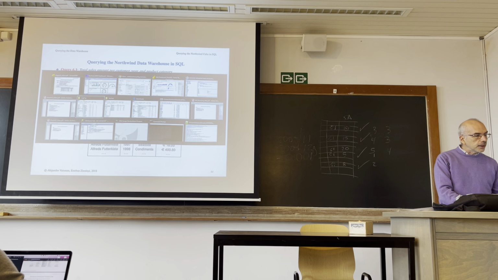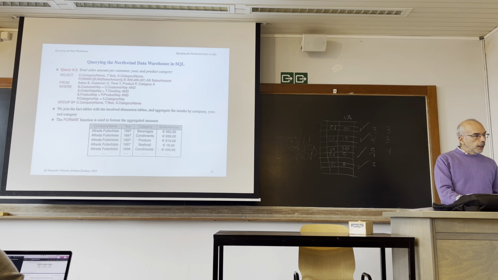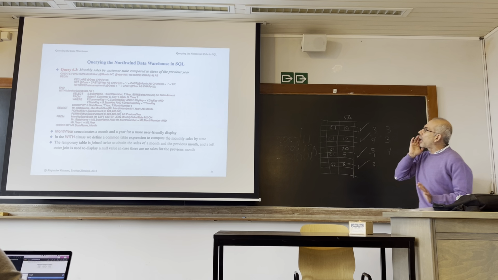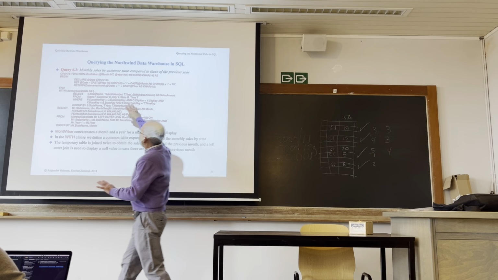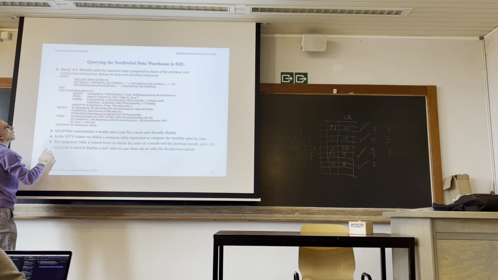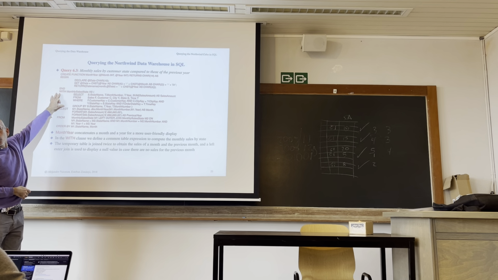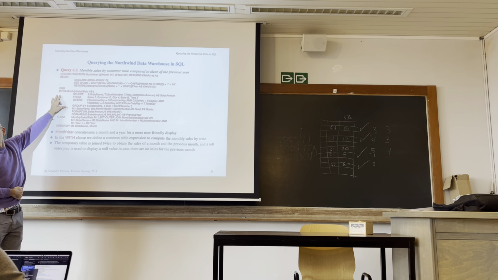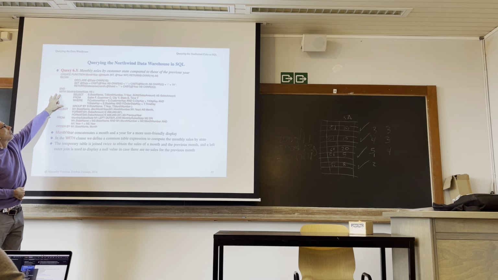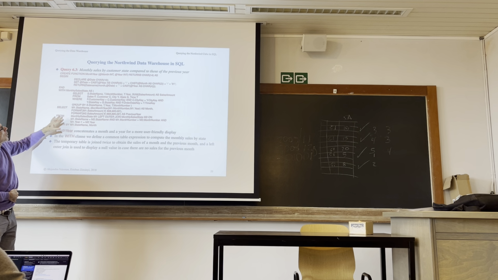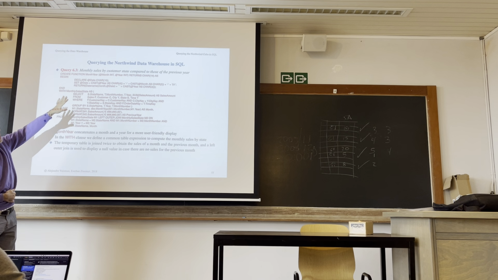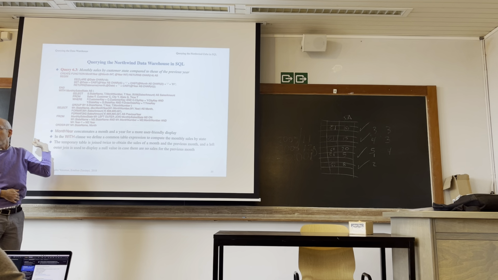So the idea is that if we compare the first query and the other one, without seeing the details, we already need a more complex query, a CTE expression. In addition to that, look at this: monthly sales compared with those of the previous year.